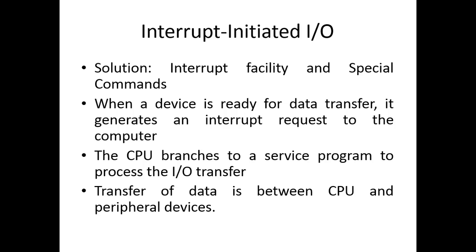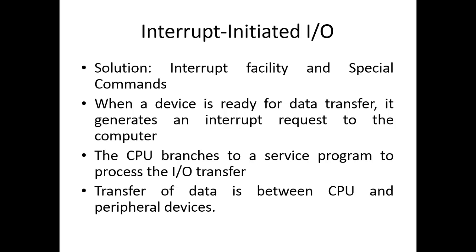Whenever an input-output device is ready for data transfer, it generates an interrupt request to the computer. At that time, the computer, or particularly the CPU, stops its current execution task temporarily, stores the return address, and then branches to a service program to process the I/O transfer.